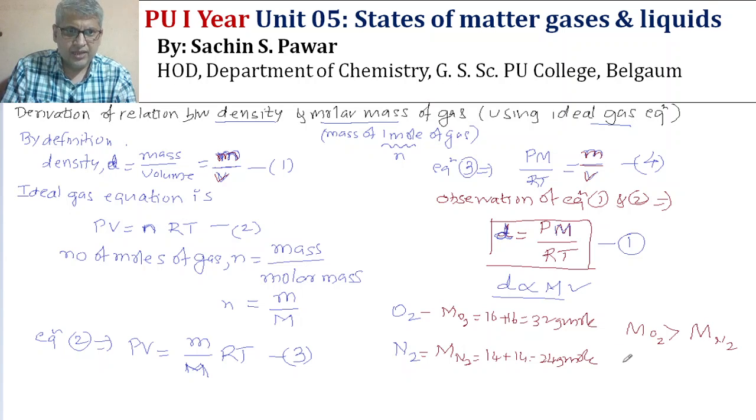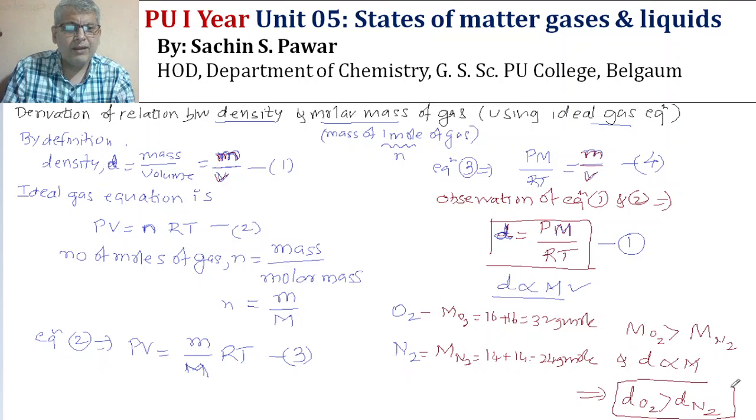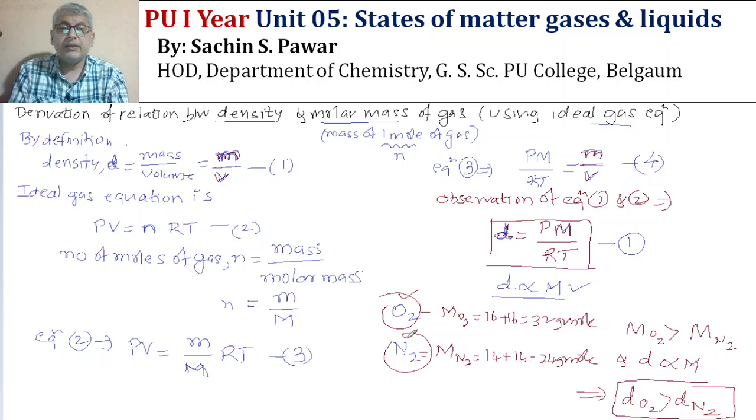And since density is also proportional to M, we can clearly say that the density of oxygen is greater than the density of nitrogen, right? Great. So here, based on molar mass, or just by looking at the molecular formula of these, we can predict whose density is higher and whose density is lower. And this is the application of this equation.